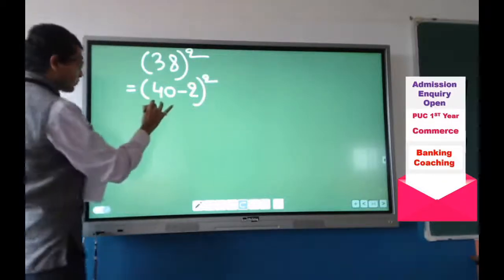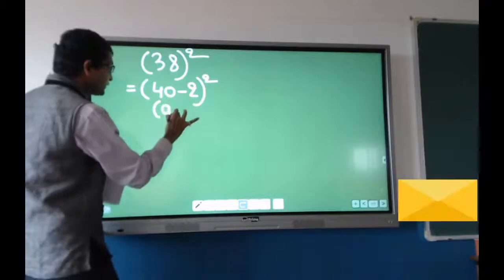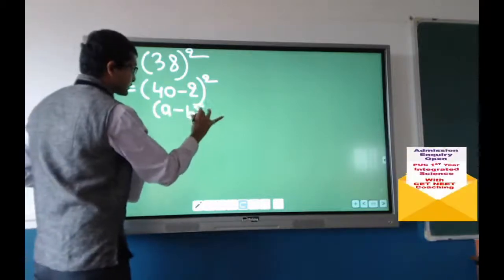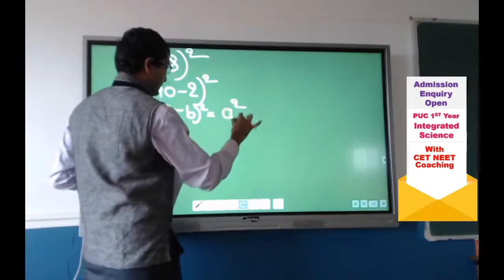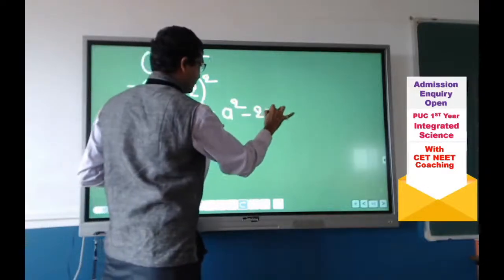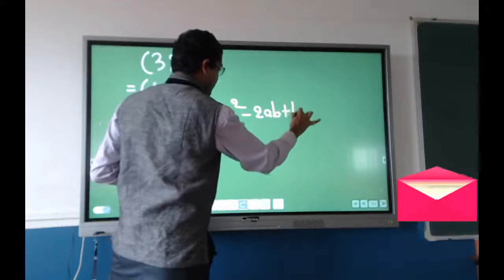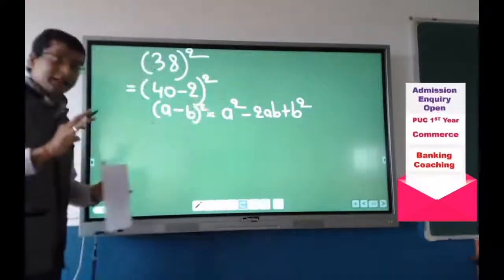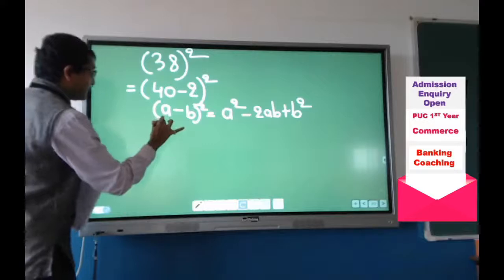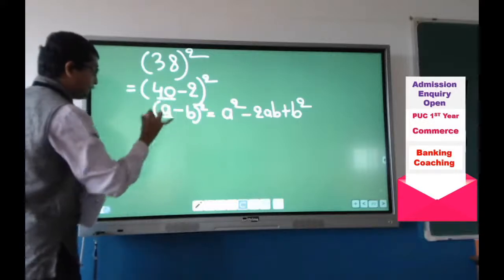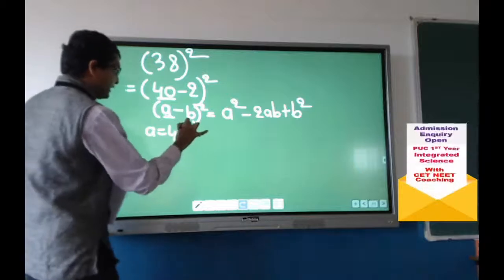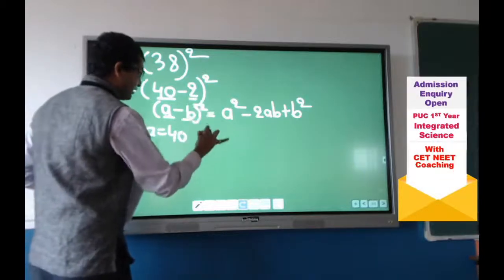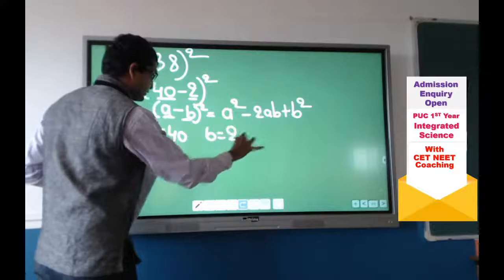Now I use the formula (a minus b) whole square, which can be written as a square minus 2ab plus b square. By comparison, I take the value of a as 40 and the value of b as 2.